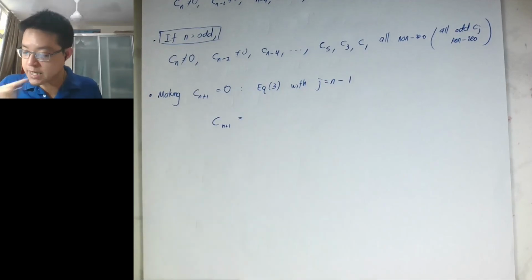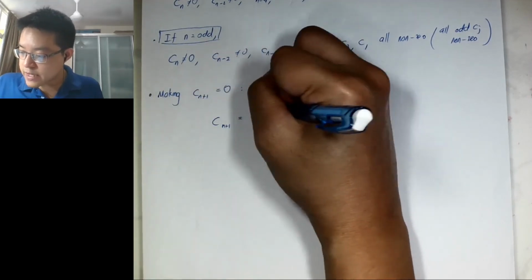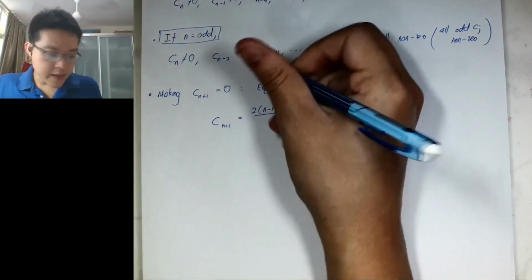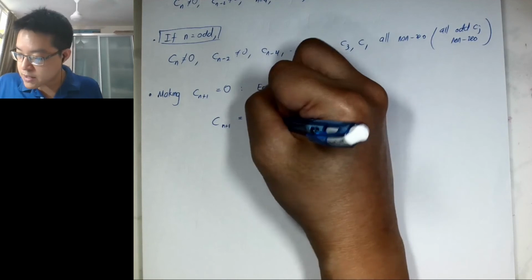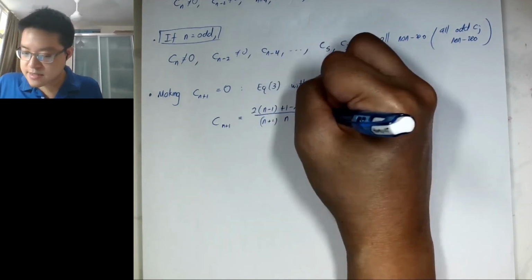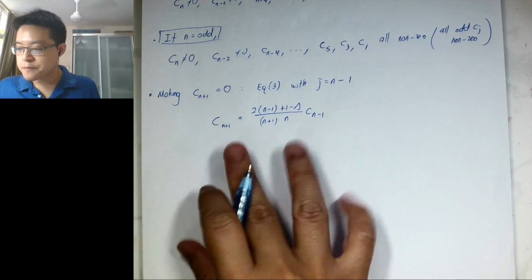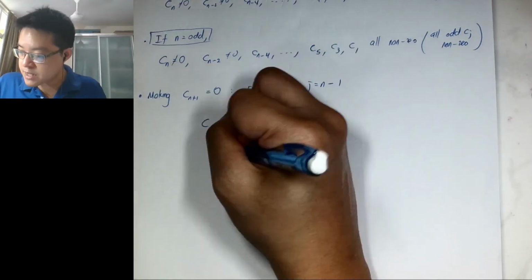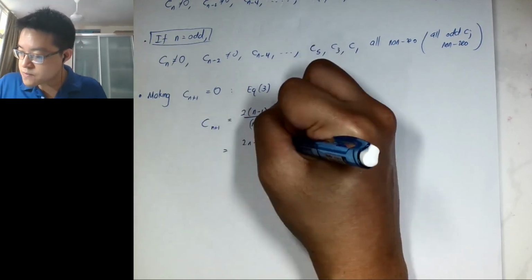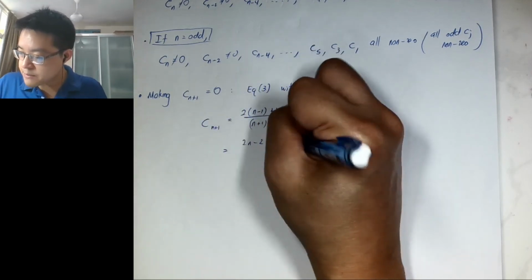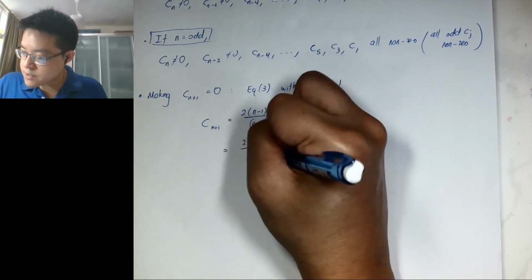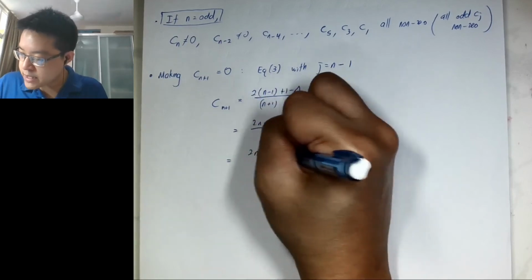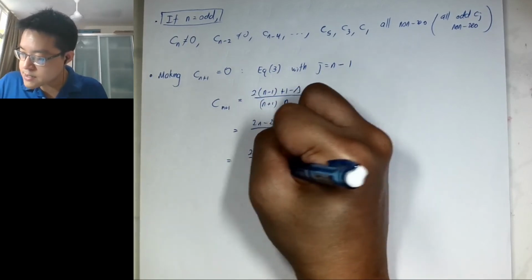We want this to become 0, but this is 2n minus 1 plus 1 minus lambda, then n plus 1, then n, and then this is Cn minus 1. Okay, so notice that if I simplify this, this is 2n minus 2 plus 1 minus lambda, n plus 1, Cn minus 1. So minus 2 and 1, it becomes 2n minus 1 minus lambda, n plus 1.